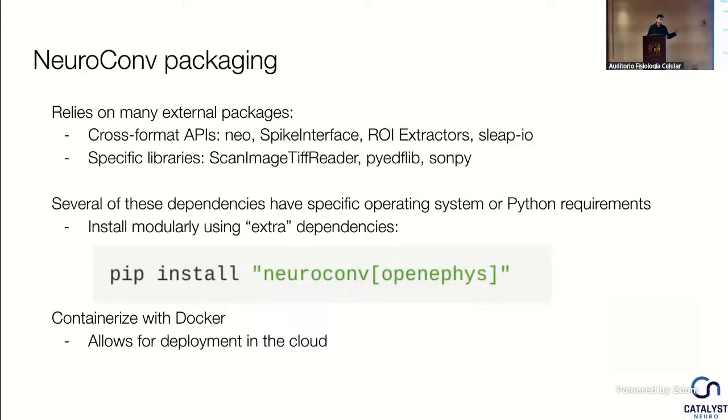ROI extractors, which we maintain, is for optical physiology, and then a bunch of format or manufacturer specific libraries that we use to extract the data. You can install NeuroConv easily like this, and we give the option of installing only the tools that you will need for a specific format that you are transforming. And in a more technical way, we also provide a Dockerized version of the library.